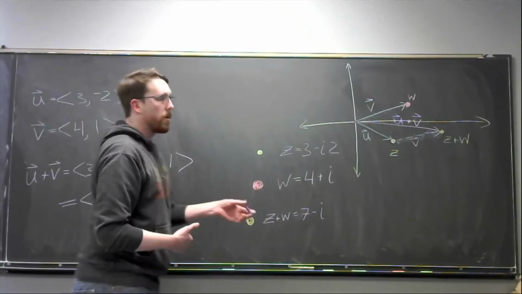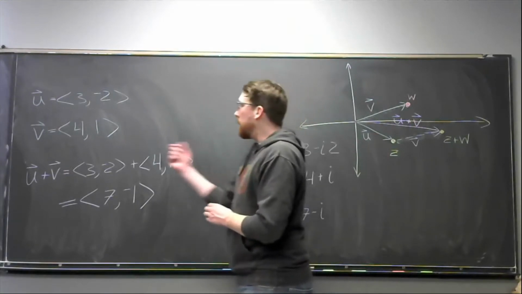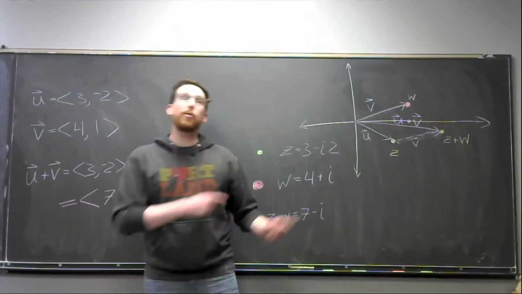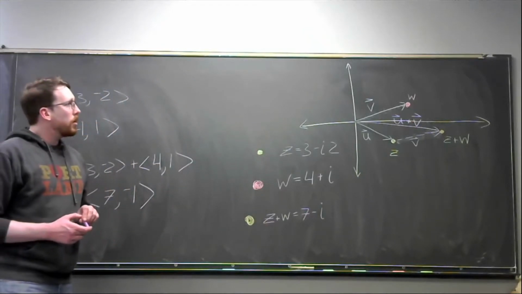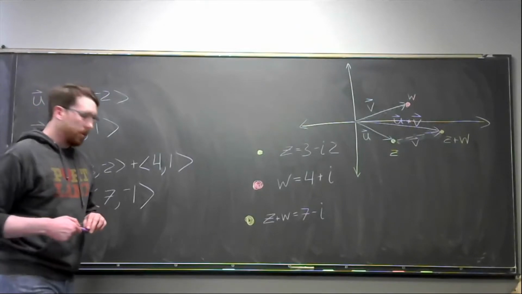And that's all we're doing here. So if you wanted to, you could turn a complex number back into a vector, find out how to write the vector in complex numbers, and then move it back over. Or you can do like what we were doing before, or you can do like what we're going to do next.